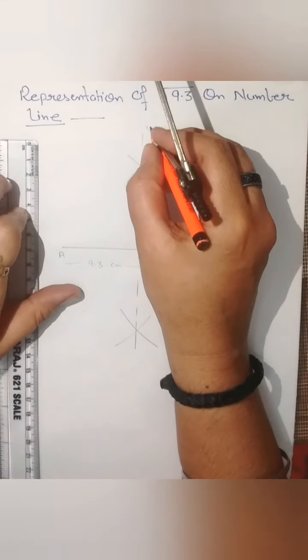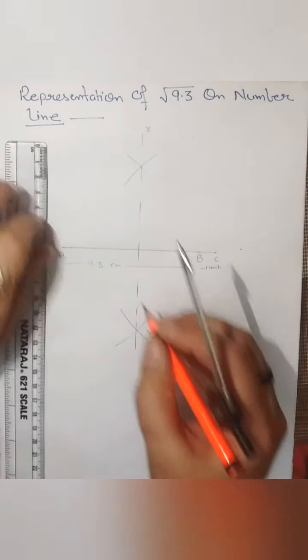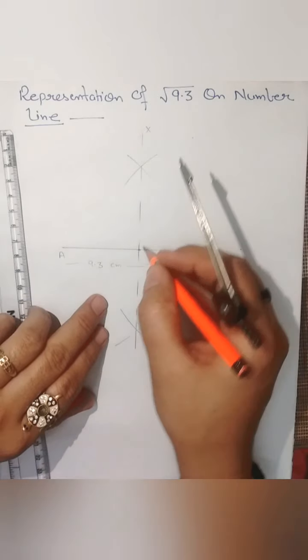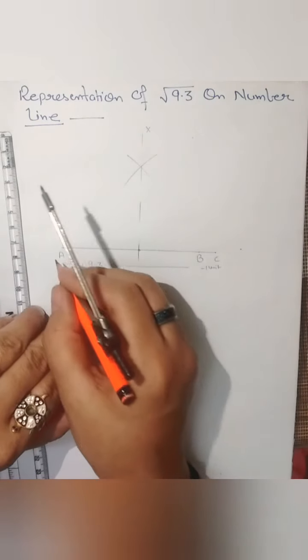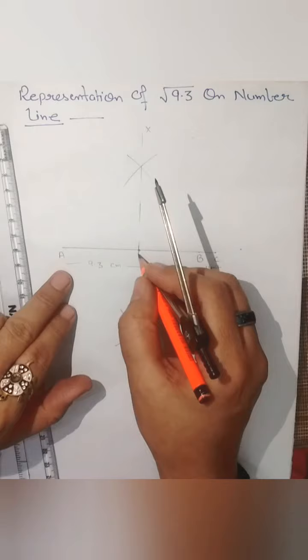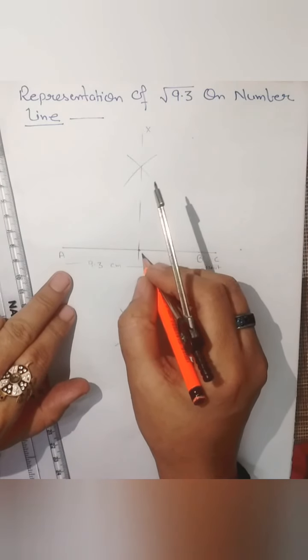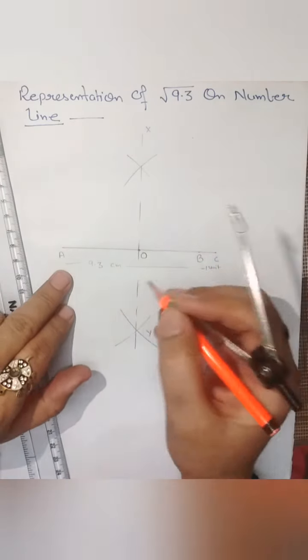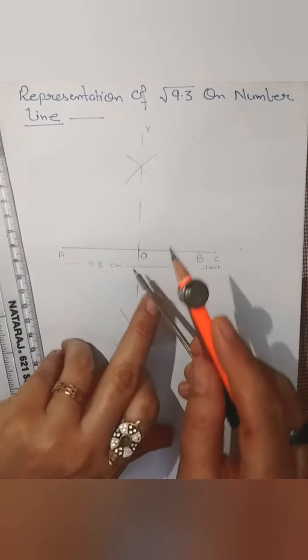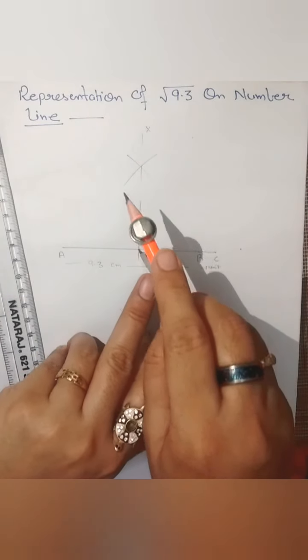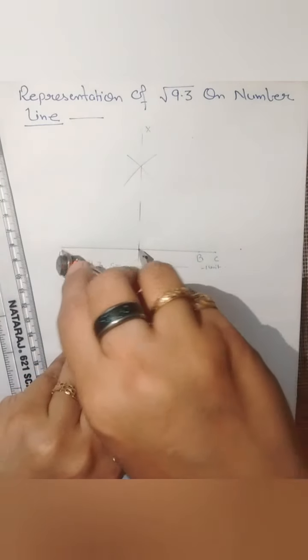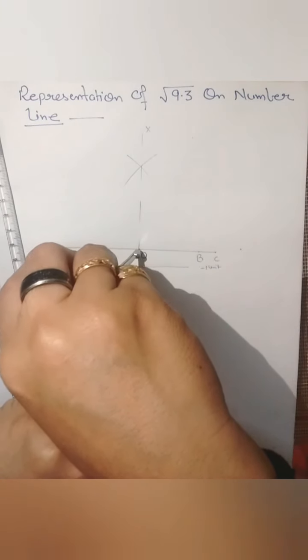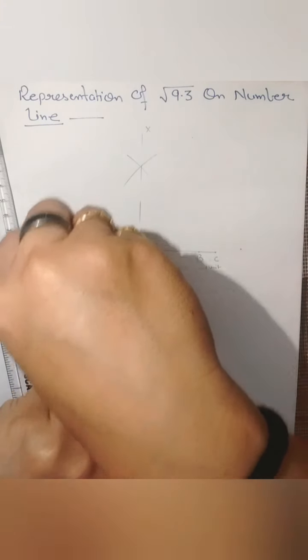Let this be XY. Now this point where the perpendicular bisector bisects AC, let this be point O. Now assuming O as center of circle and OA as radius, draw a semicircle.